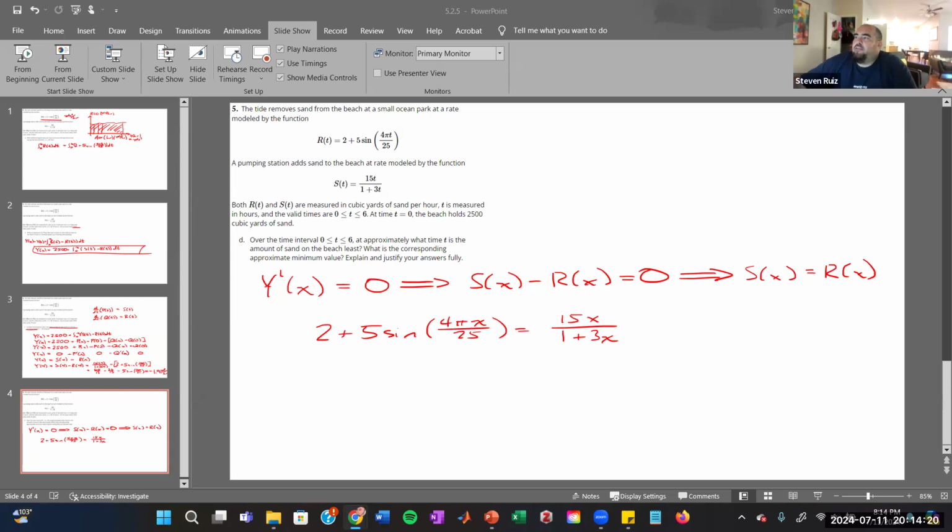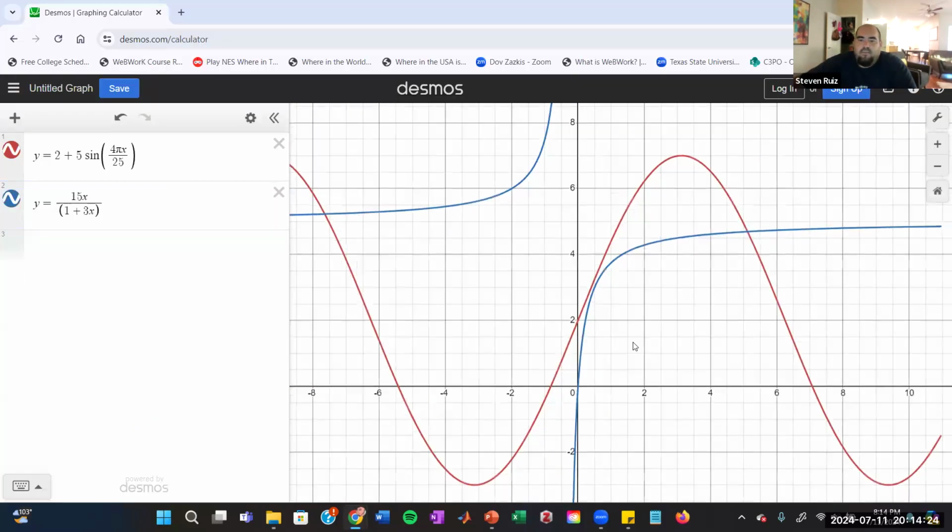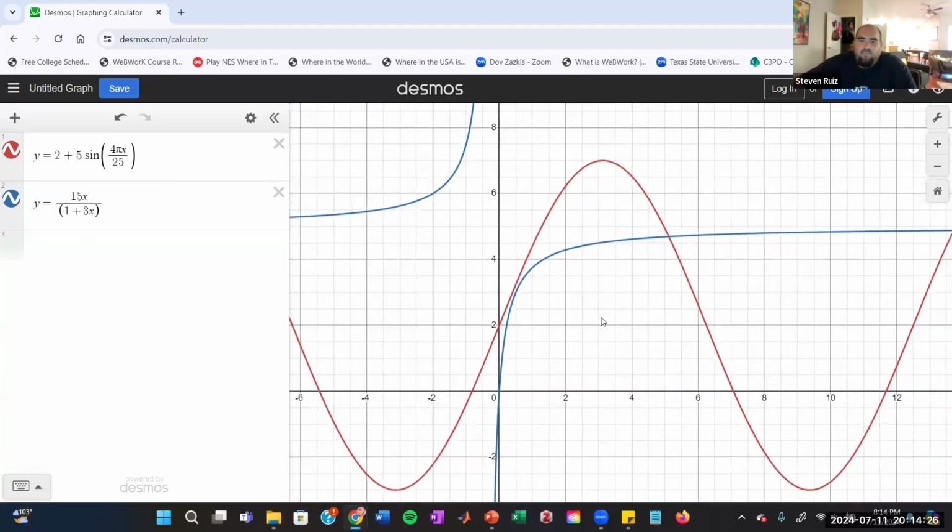All right, here's a strange looking graph. But what did I really care about? I cared about where these functions are equal to each other. So that's going to happen at approximately, are you giving me a crossing point here? Let me take a different approach to this.